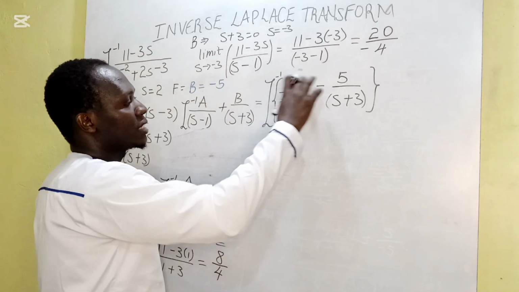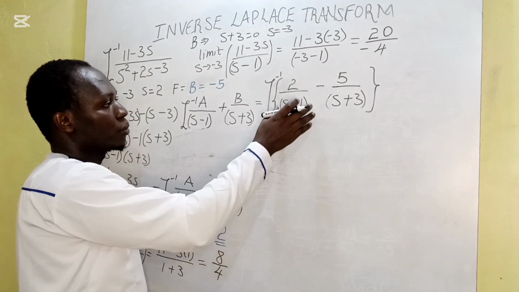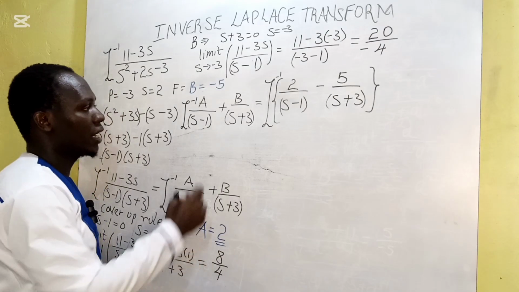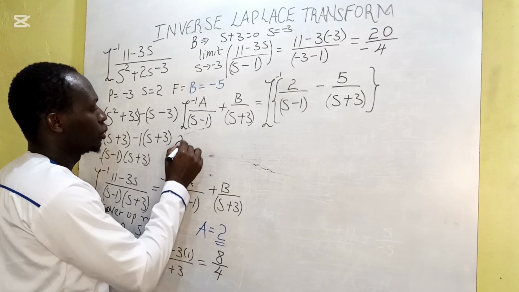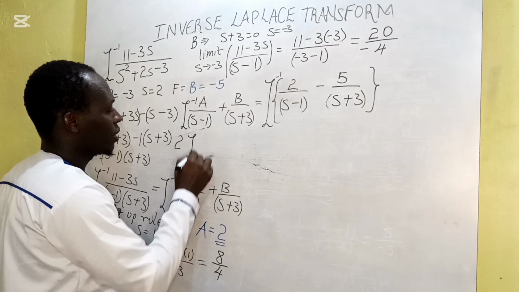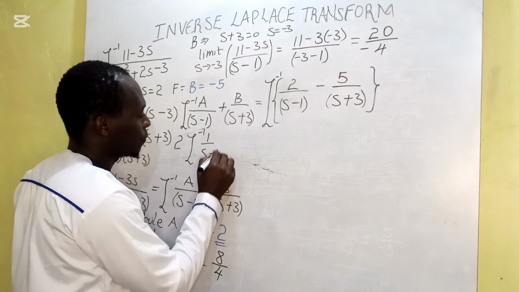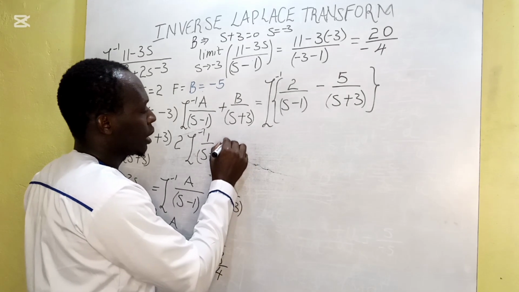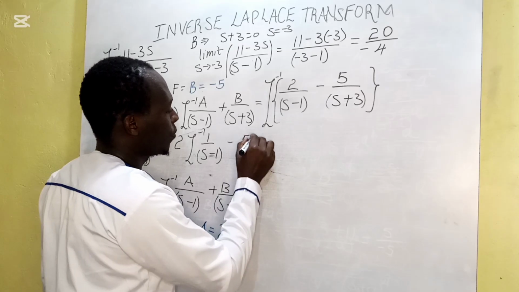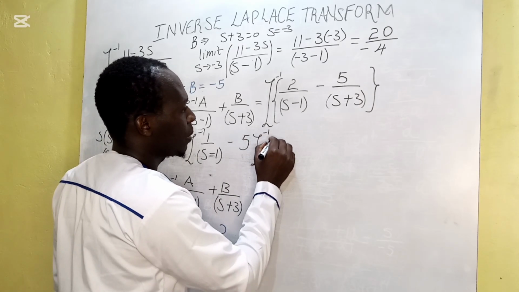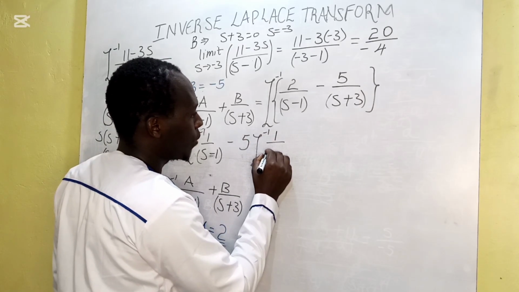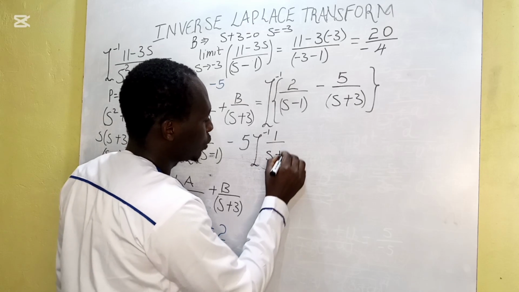We can now insert the inverse Laplace transform to each and every function here, and we are going to have 2, the inverse Laplace transform of 1 all over s minus 1. We come and subtract 5, the inverse Laplace transform of 1 all over s plus 3.